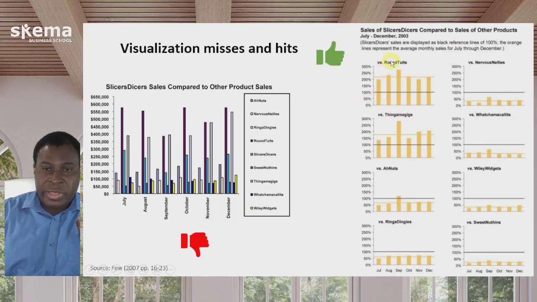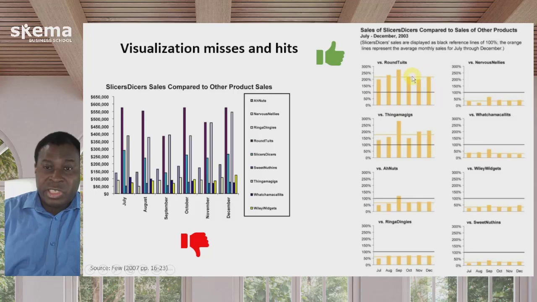And for example, here, slicer dicers versus round tuits, the 100% bar is the sales of slicer dicers, and we have the monthly amounts. The months are here in the legend compared to slicer dicers, and we have a line that gives an average.